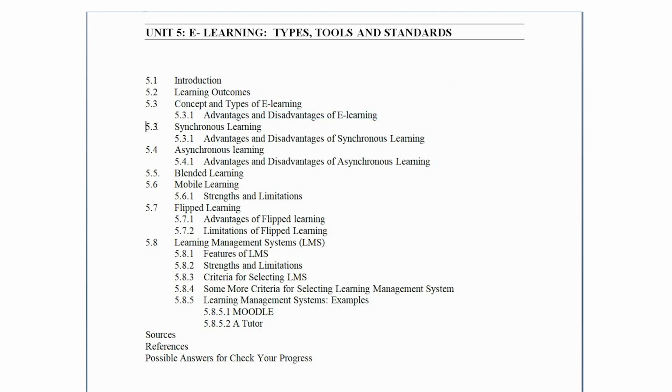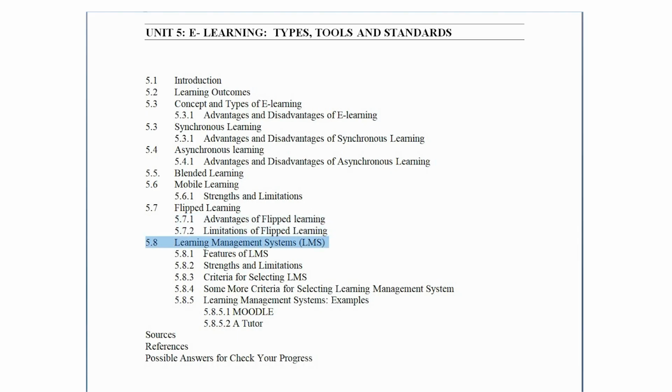Section 5.3 has synchronous learning, and 5.7 is flipped learning, which has 2 subsections. One is 5.7.1, advantage of flipped learning, and another is 5.7.2, limitation of flipped learning.